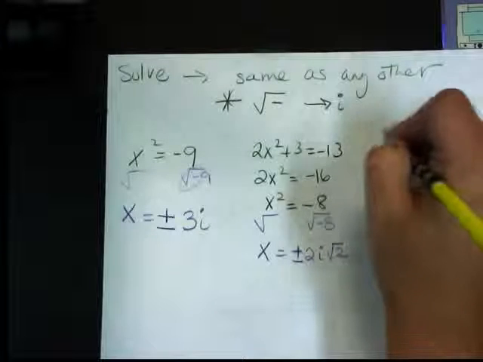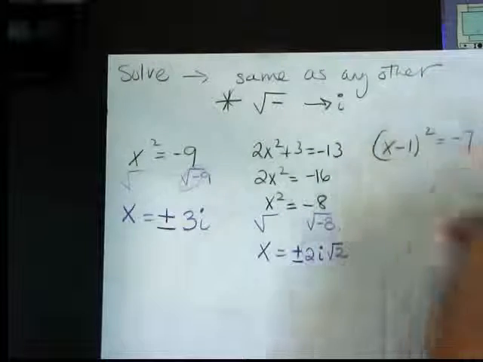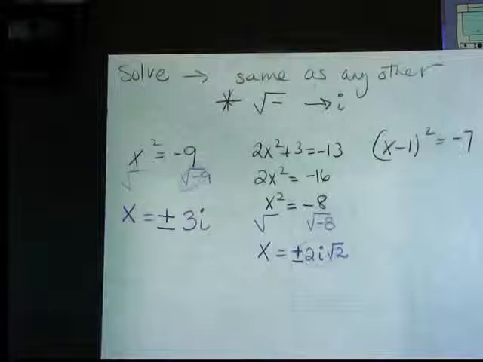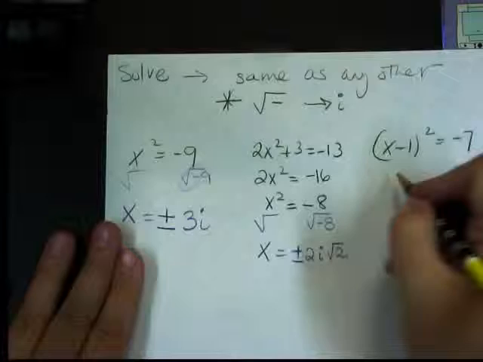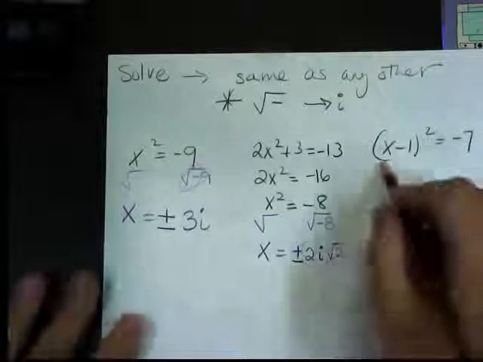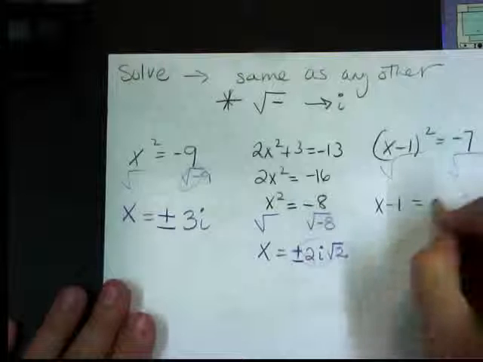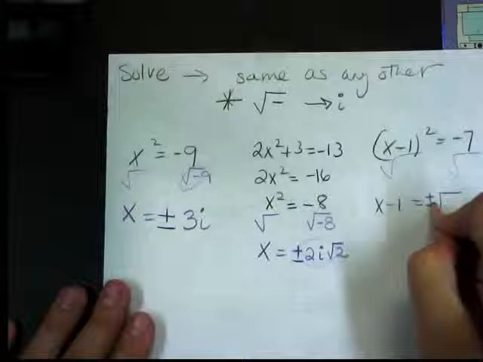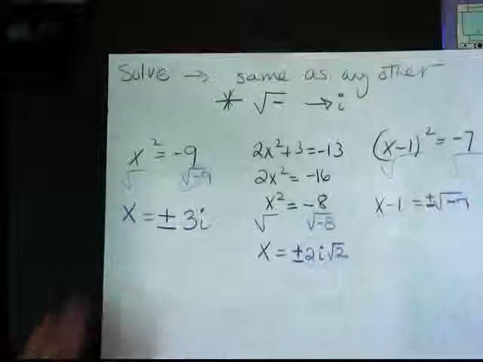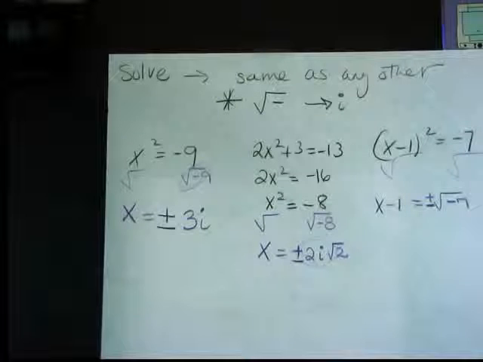Last one. X minus 1 squared is -7. The square is already isolated. So all I have to do is square root both sides. So I'm going to get x minus 1 is this plus minus of the square root of -7.